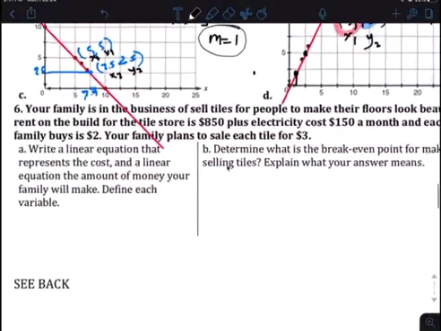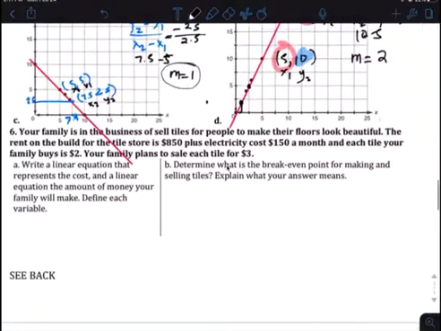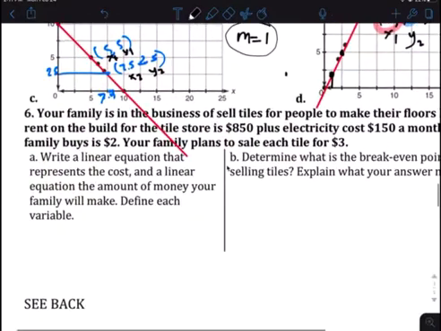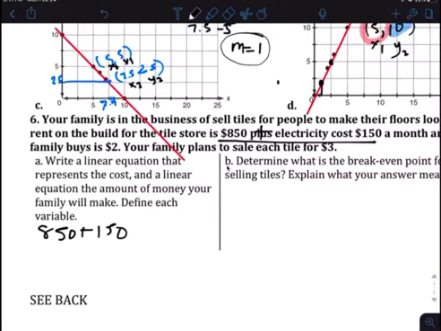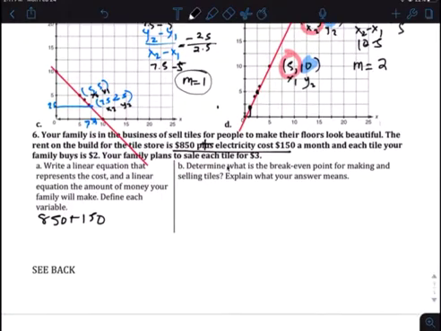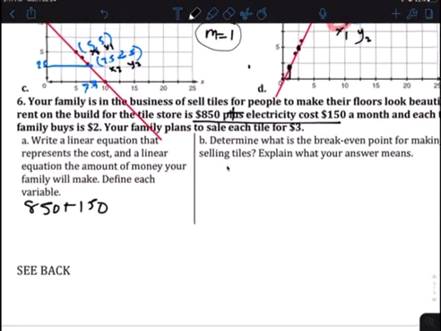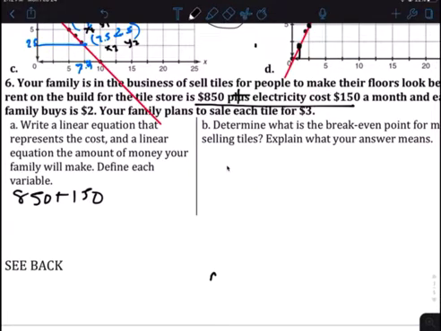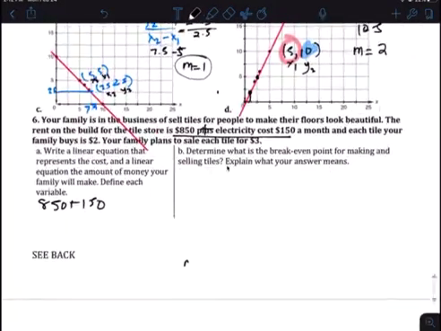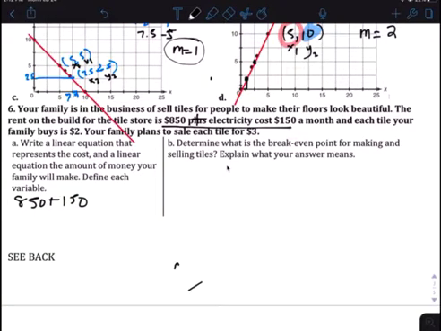Okay, your family business sells tile for people to make their farm look beautiful. They rent their building for the store. The tile store cost is this plus electricity cost, so 850 plus. Each tile costs your family $2.